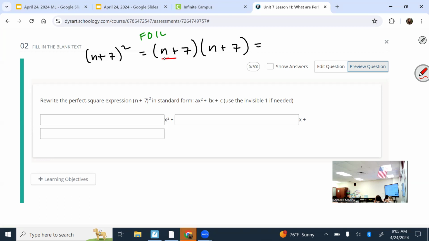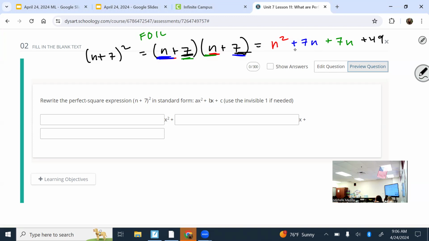So multiply the first terms in each parentheses, n times n. Good, then multiply the outer terms, n times 7 is good and it's positive, so plus 7n. Inner term, 7 times n is 7n, and then last terms, 7 times 7 is 49.